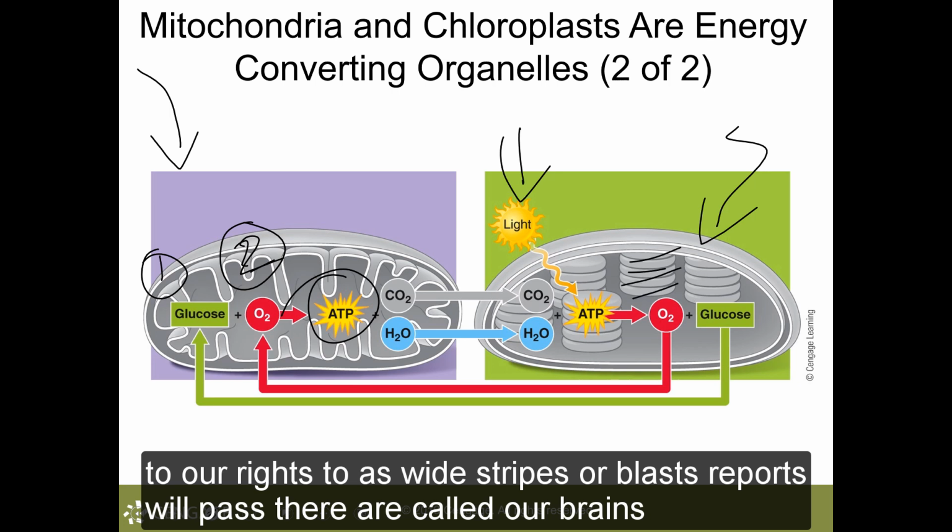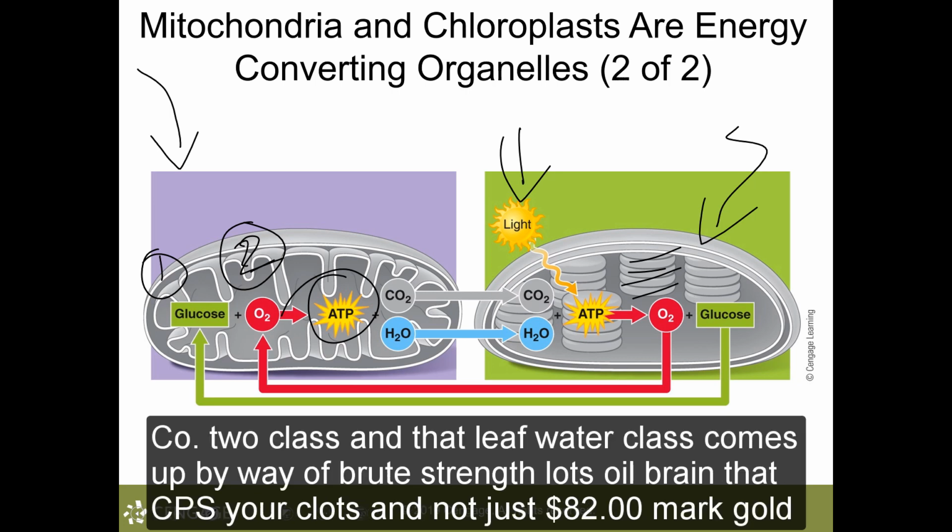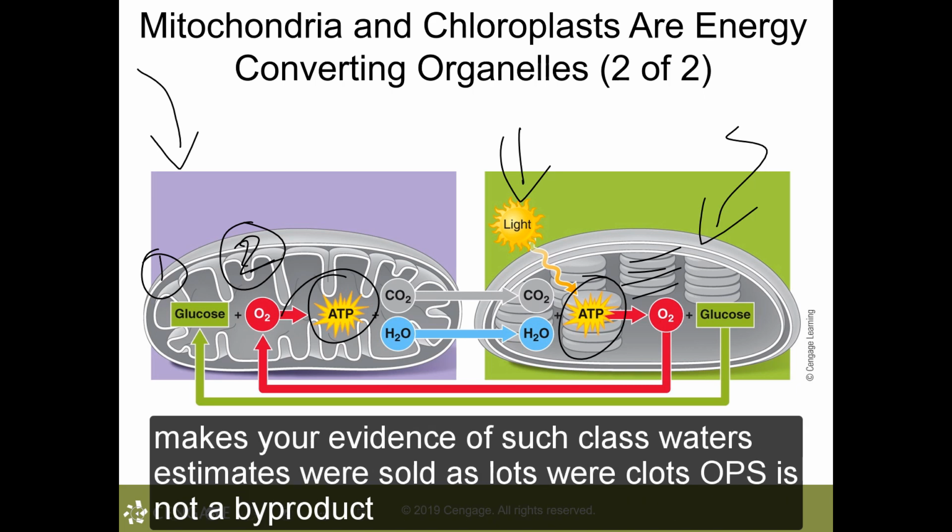CO2 enters the leaf, water comes up by way of the roots, thanks a lot, soil and rain. We get ATP here, and not just ATP, but another molecule of energy which I won't mention here. Then water is split. As water is split, oxygen is given off as a byproduct, and ultimately glucose is synthesized.